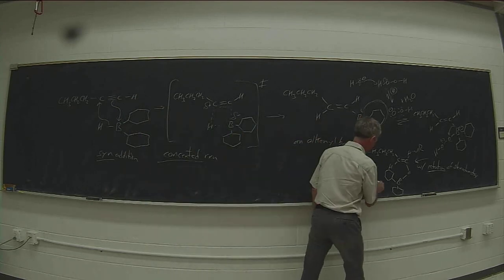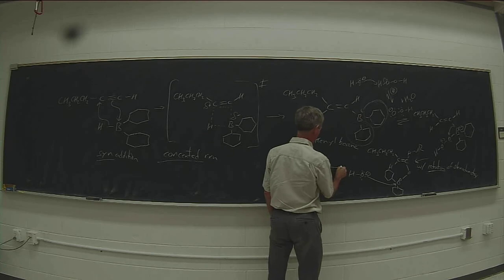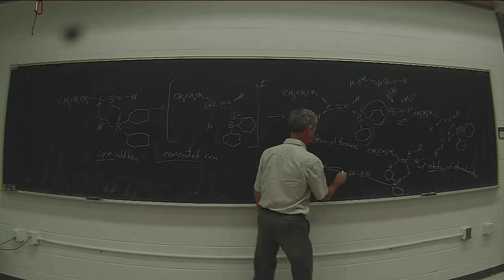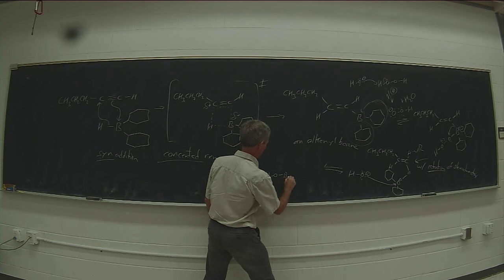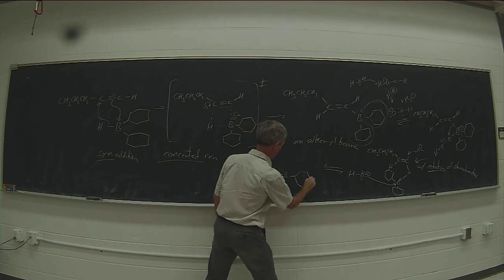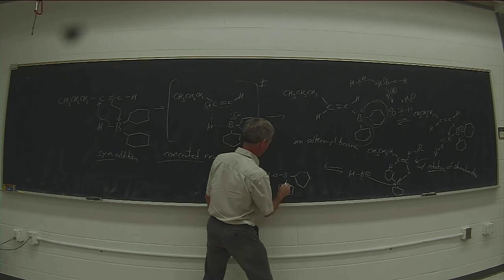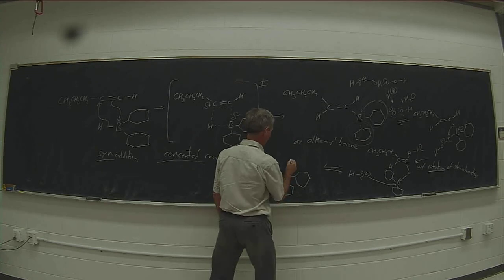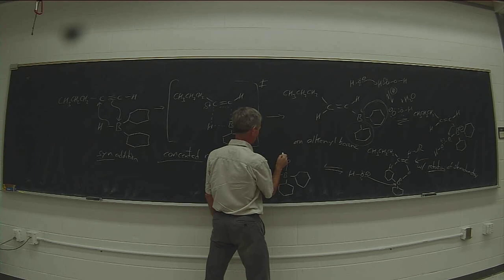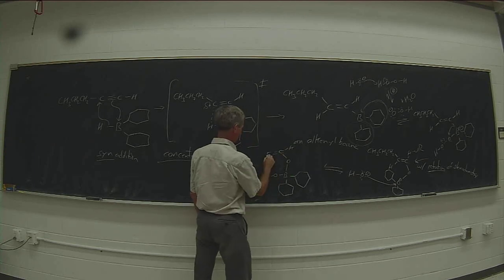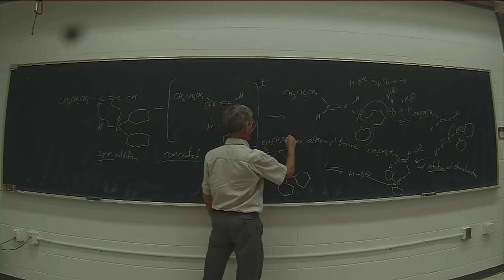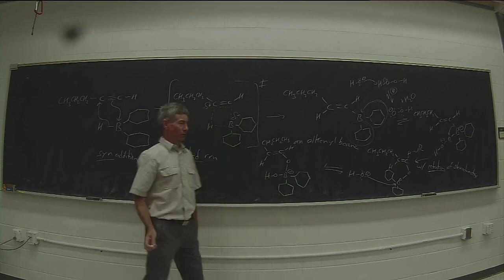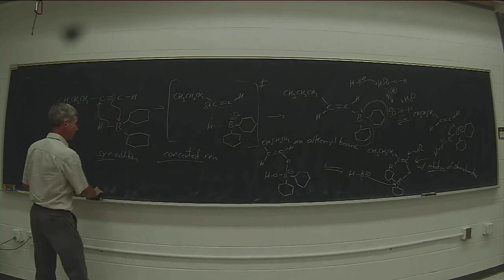Hydroxide will now attack the boron, once again generating a negative charge on the boron, which it's not particularly happy with.